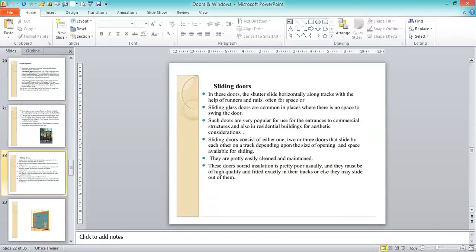Then the sliding doors. In these doors, the shutters slide horizontally along tracks with the help of runners and rails.